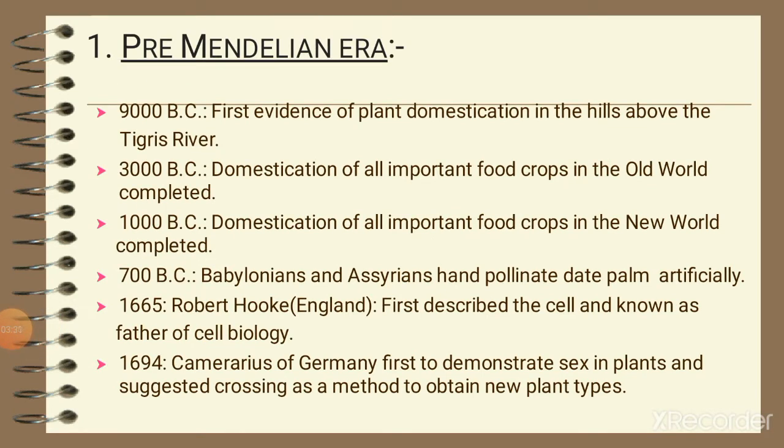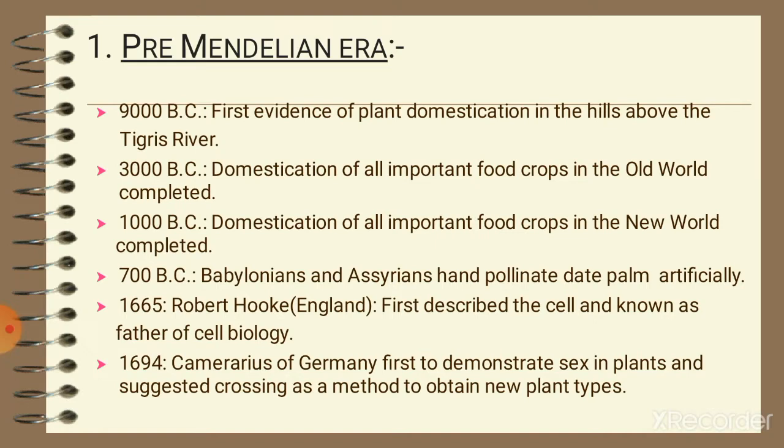First, the pre-Mendelian era. In 9000 BC, the first evidence of plant domestication was found in the hills above the Tigris river. Then, in 3000 BC, domestication of all important food crops in the Old World was completed. In 1000 BC, domestication of all important food crops in the New World was completed.